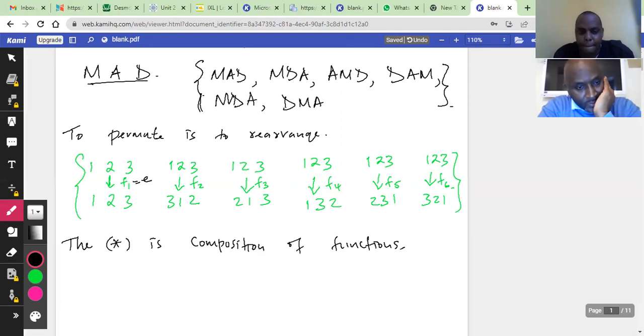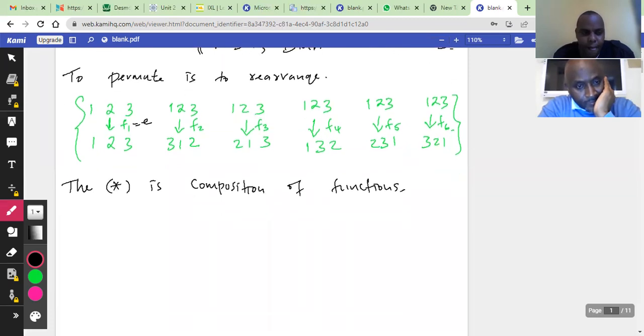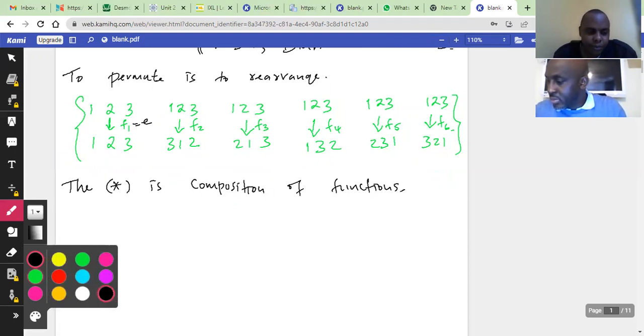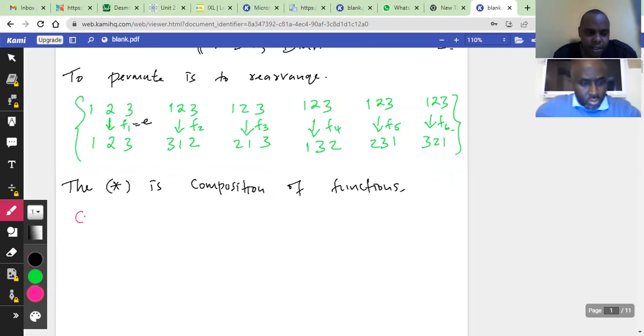To make our work easy, we usually use what we call cycles. For example, you can see that F1 is doing nothing, so there is no cycle in F1. That's the identity. But consider F2. Let us think of these functions as cycles.